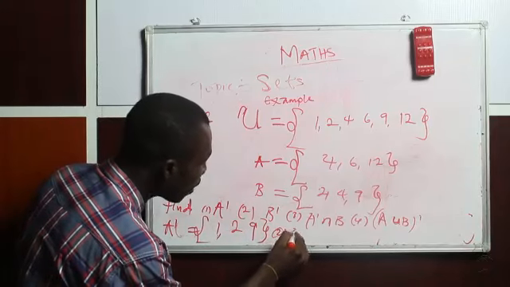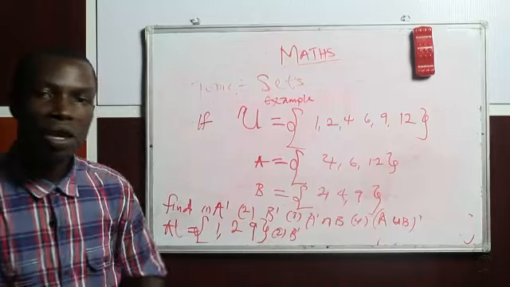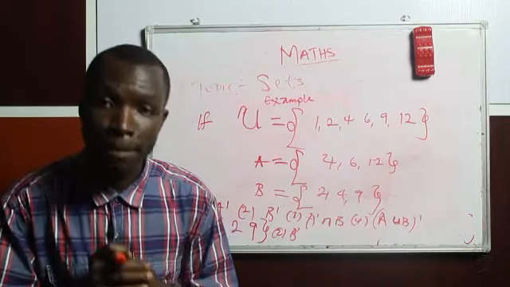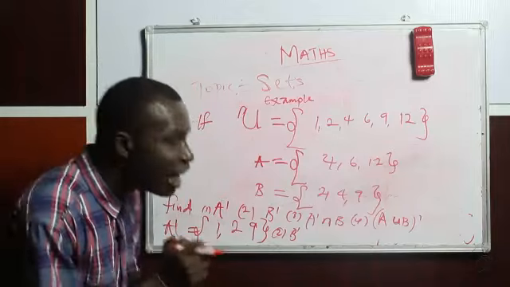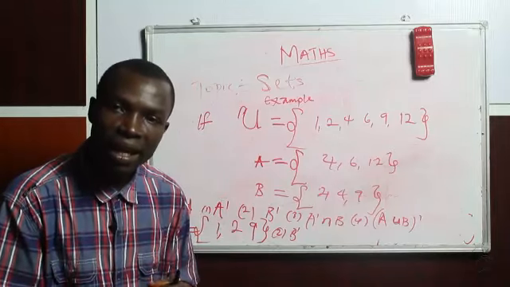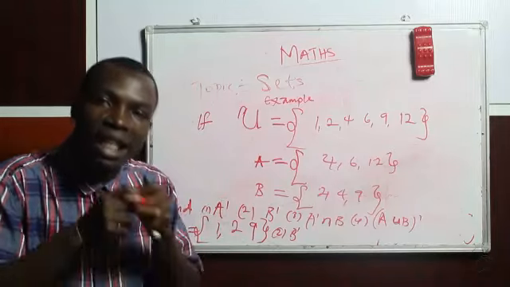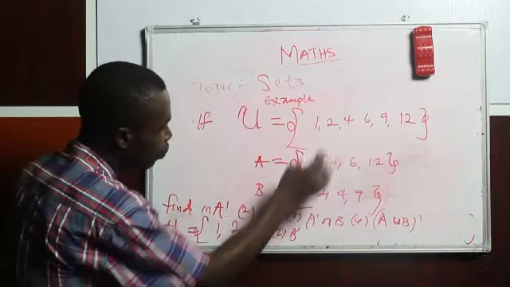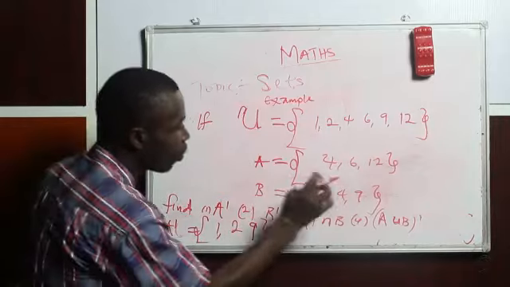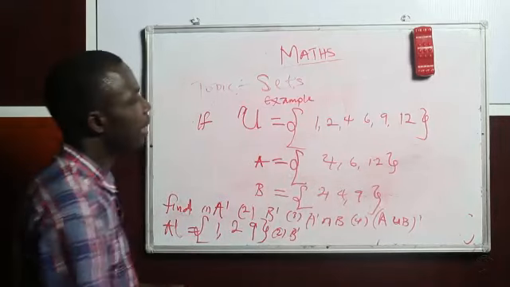Next, B complement. The B complement means, as I said earlier, the elements in the universal set that are not in the B set. Let's check. We have 2, 2 is here, 4, 4 is here, 9, 9 is there.